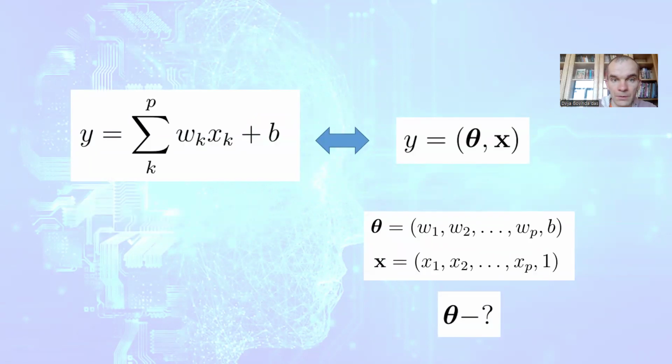So we have to find the values of vector w and b, and now we'll consider one of the possible methods for doing this. It's the so-called normal equation, and for this purpose we make a trick. We extend the feature vector x by one additional coordinate with the value of 1.